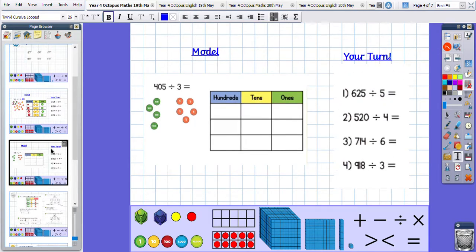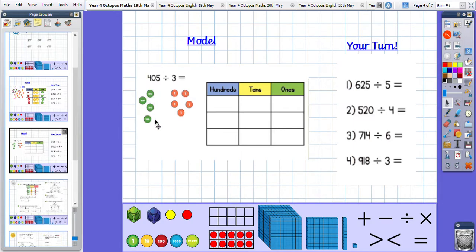So now we will try something a little harder, where we are having to carry over our numbers and exchange some of our counters. So here we have 405 divided by 3. So again, I've got hundreds, tens and ones, and I have used 3 rows, 1, 2, 3, because my 1 digit is 3. So I need to split my 4 equally between 3 rows.